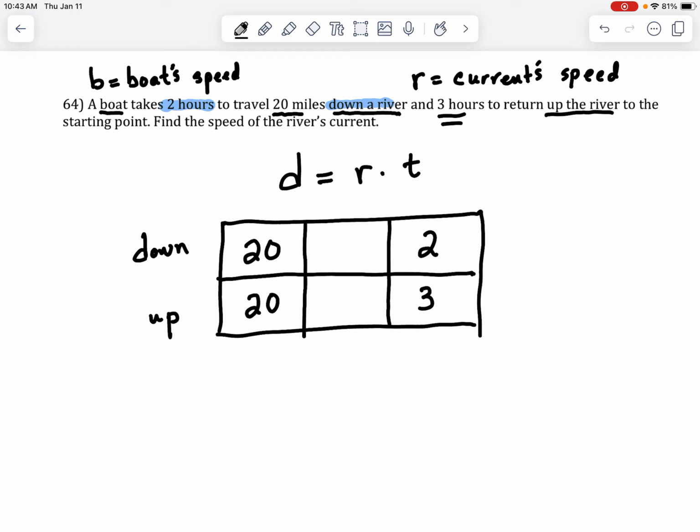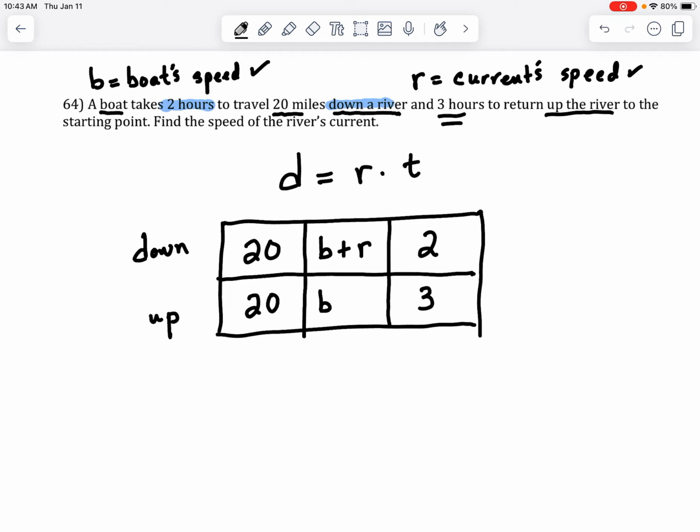Next up, what about the rate? So what goes here and what goes here? Well, since the boat itself has a speed, and when it's going down the river, it actually gets sped up by the current, right here is going to be the boat itself plus the river's current.